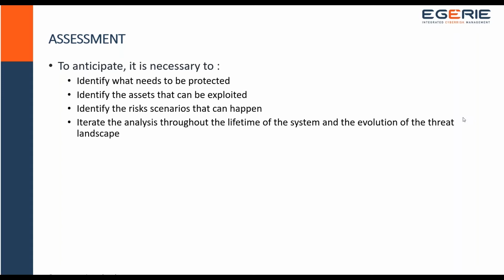And of course, this is not a one-shot thing. You have to iterate the analysis throughout the lifetime of your system, depending on the threat landscape evolution, the new vulnerabilities that are going to appear, etc. So this has to be done from the beginning of your project till the end of your project.